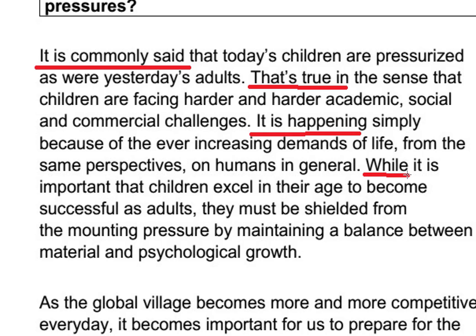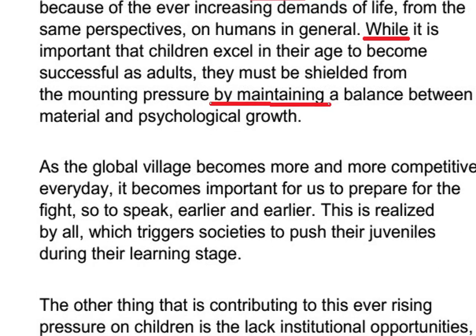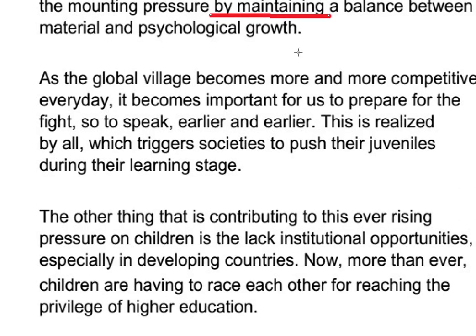Okay, so here we have this compound sentence. It's important that children excel in their age to become successful adults. They must be shielded from economic pressures. Okay. That's good. We see a variety of structures.